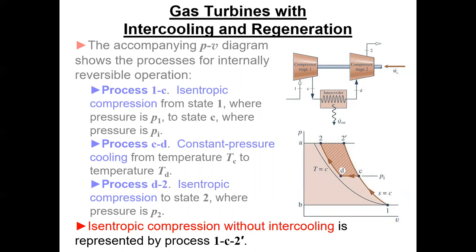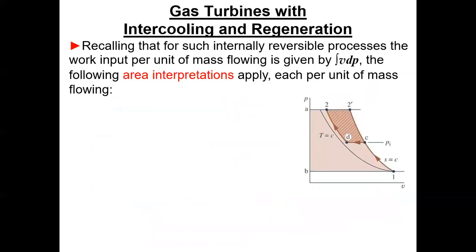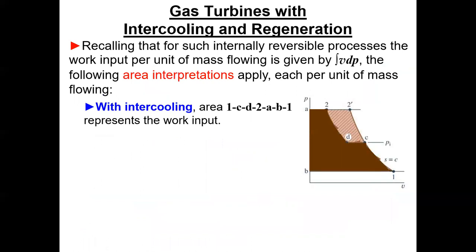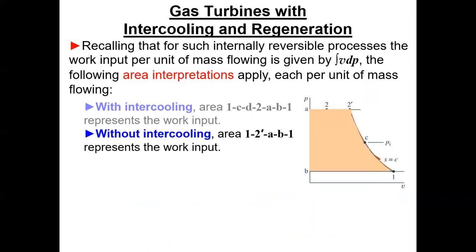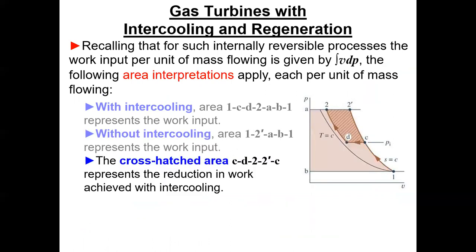And of course, the whole big cycle we already talked about is without intercooling. And so we see that with intercooling, that dark brown area there is the work input. And without intercooling, that's the work input. So guess what? That's what we save by doing the intercooling.